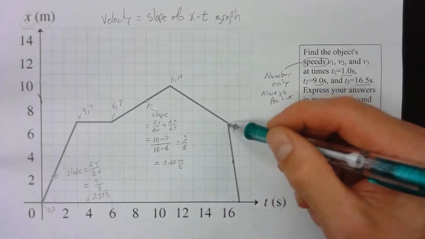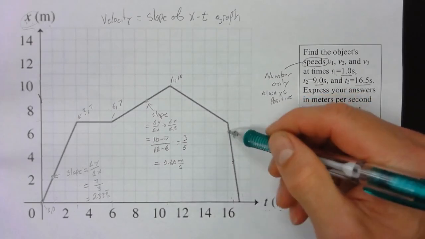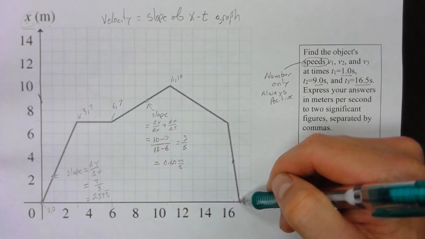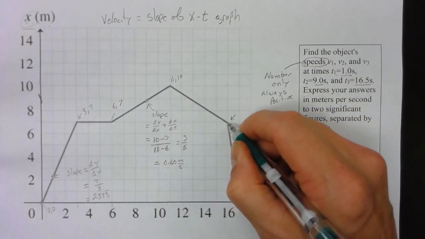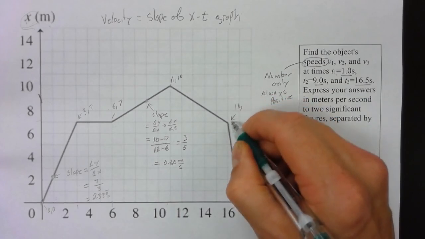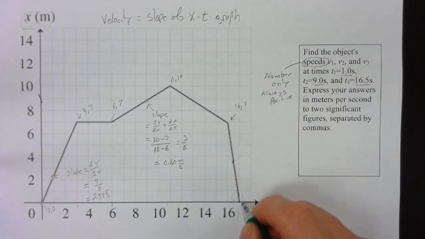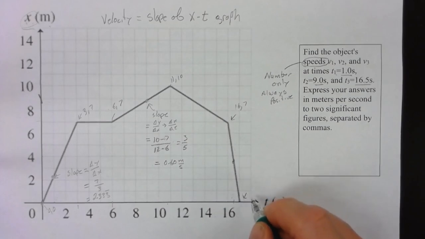But again, the speed is going to come from the slope of this, and that's one big straight line, so I can do the whole thing. And this first place has an x of 16 and a y of 7. And this has an x of 17 and a y of 0.